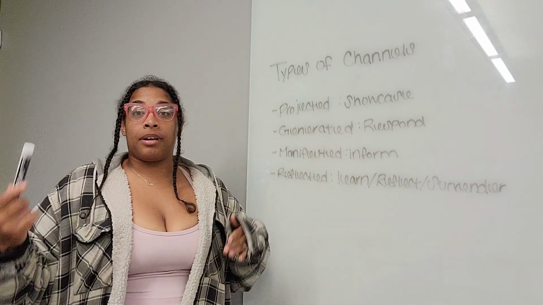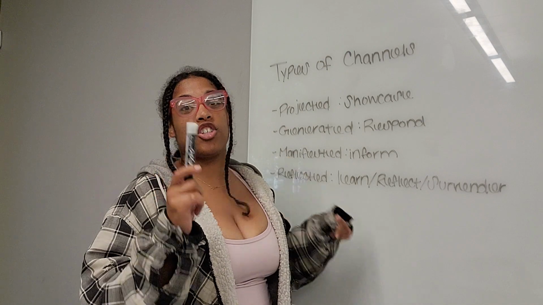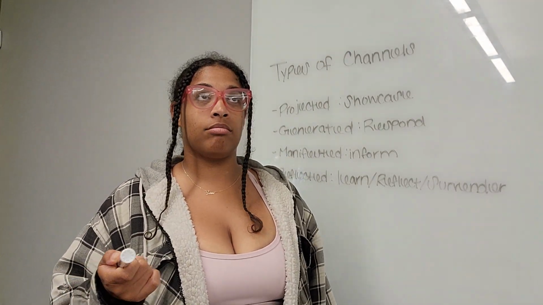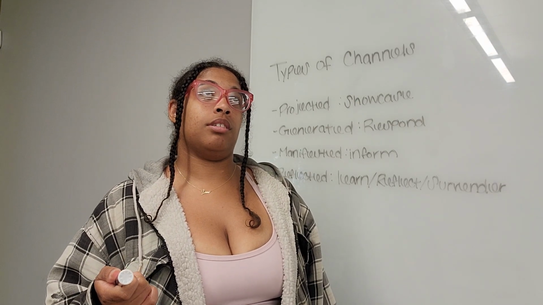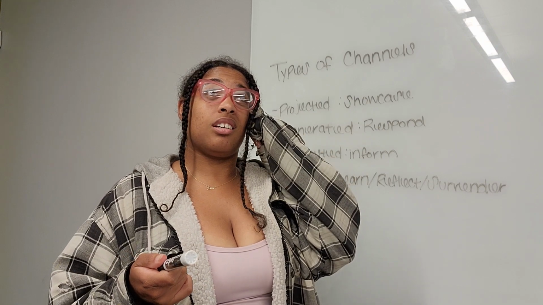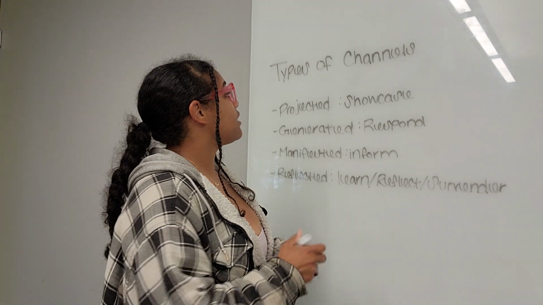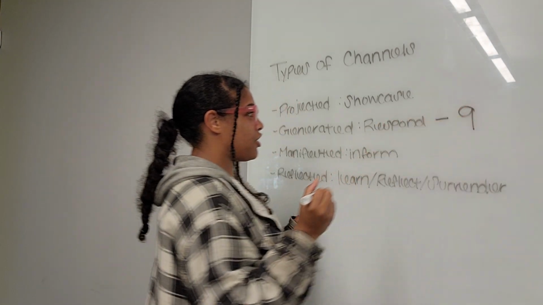So, getting to the actual topic of the video. For projected channels, which most of the channels in the human design chart are. I want to say it's 32 channels. At least 18, I think, are projected. Because we have 9 generated channels.